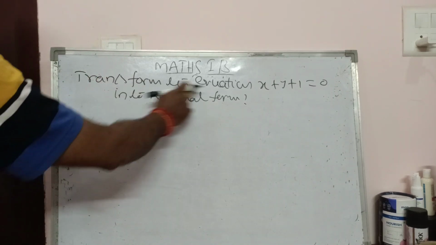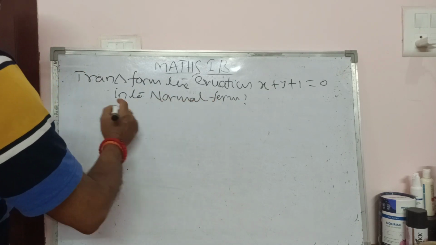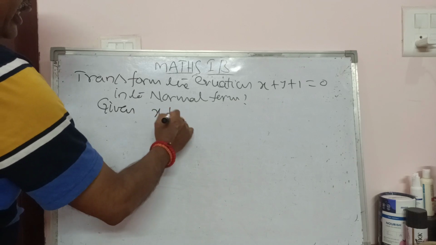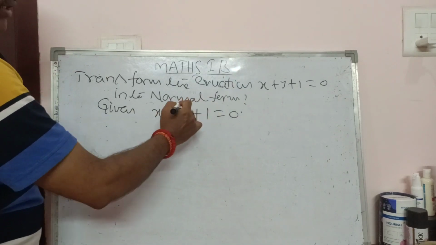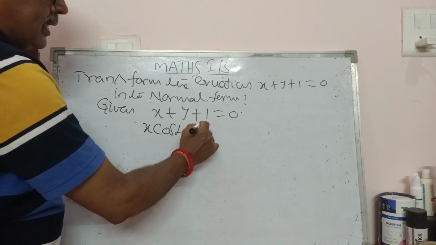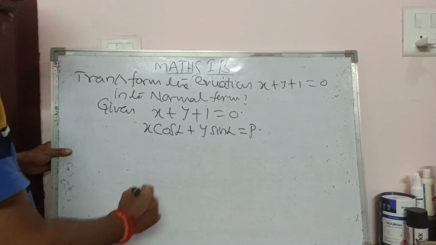Transform the equation x plus y plus 1 is equal to 0 into normal form. So here the given equation of the line is x plus y plus 1 is equal to 0. What is the standard form of the line equation in normal form? x cos alpha plus y sin alpha is equal to p.